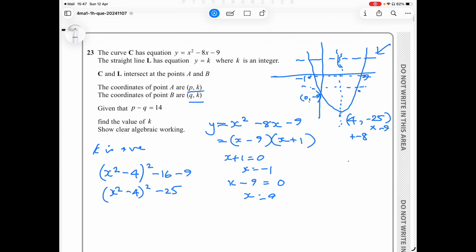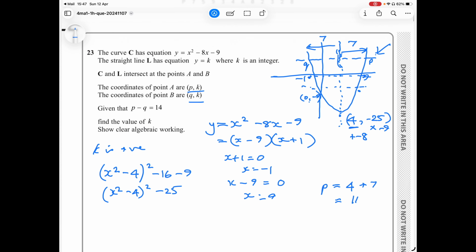If we take up here, we know that this one minus this one equals 14. But we also know that it's symmetrical, so that way is 7 and this way is 7. So we know that P equals 4, which is the middle point, plus 7, which equals 11. I think that's right.